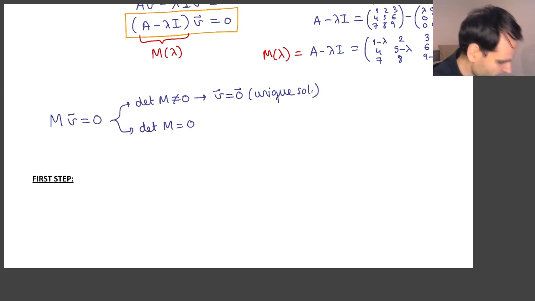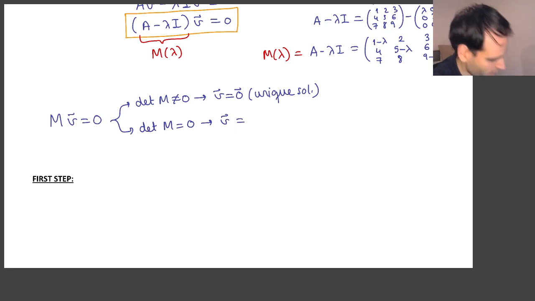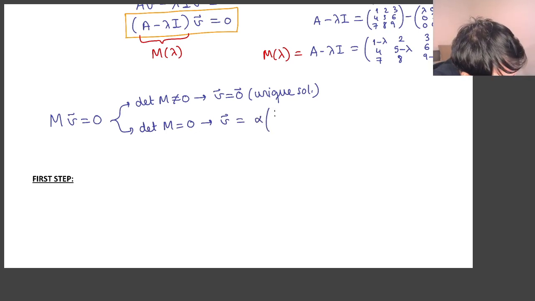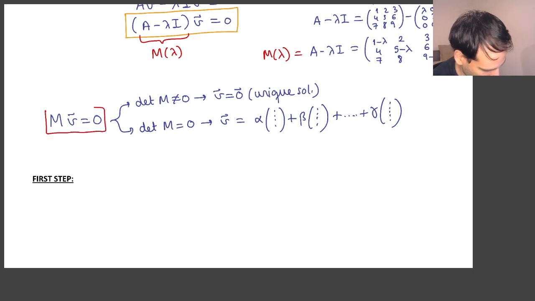And when that happens, we know that V has infinite solutions. And how are they written? They are written as alpha times a vector plus beta times another vector plus gamma times another vector. Do you remember this? So this is basically the null space of matrix M, because this equation is the definition of null space. And the null space of matrix M is always a linear combination of n vectors, from 1 to n.